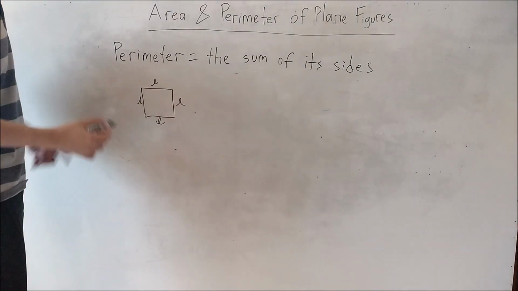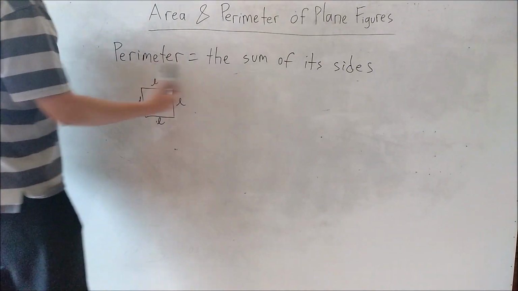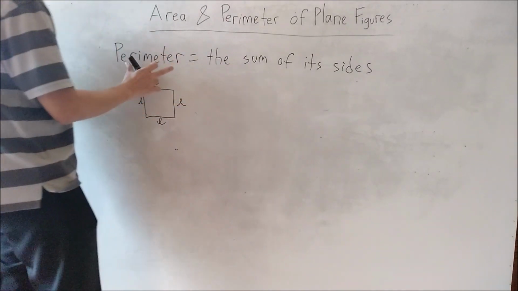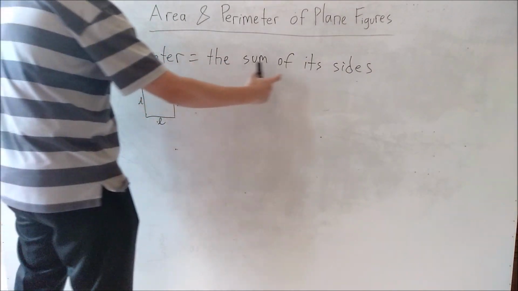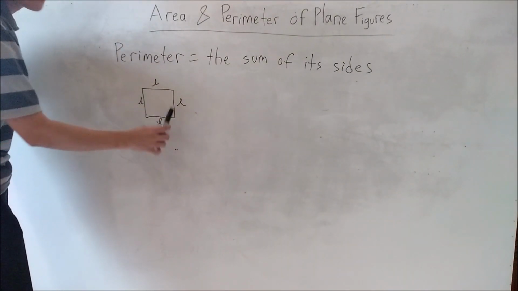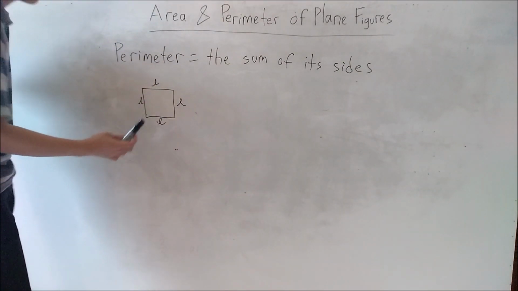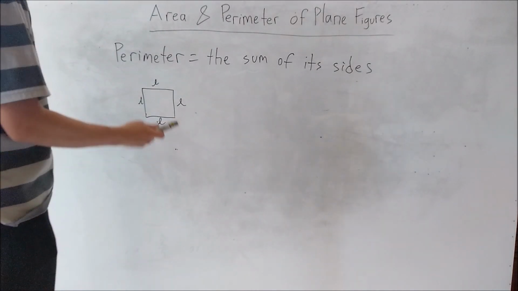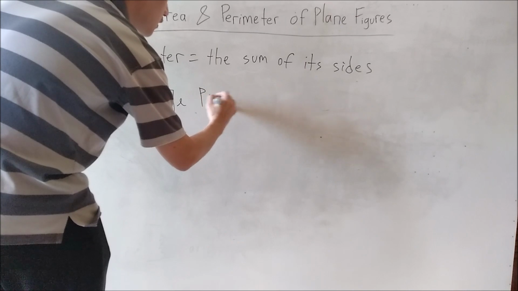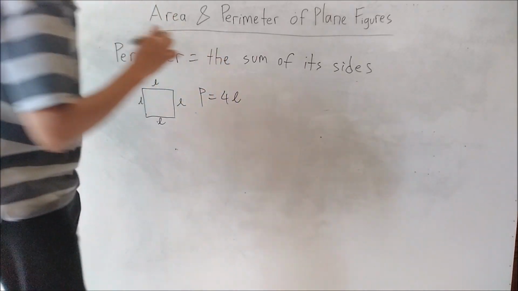When you want to count the perimeter, with this meaning of perimeter, you know the perimeter is the sum of its sides. So we just have to do the sum of its sides, which is L plus L plus L plus L. Since you have learned algebra, L plus L plus L plus L will be 4L or 4S.